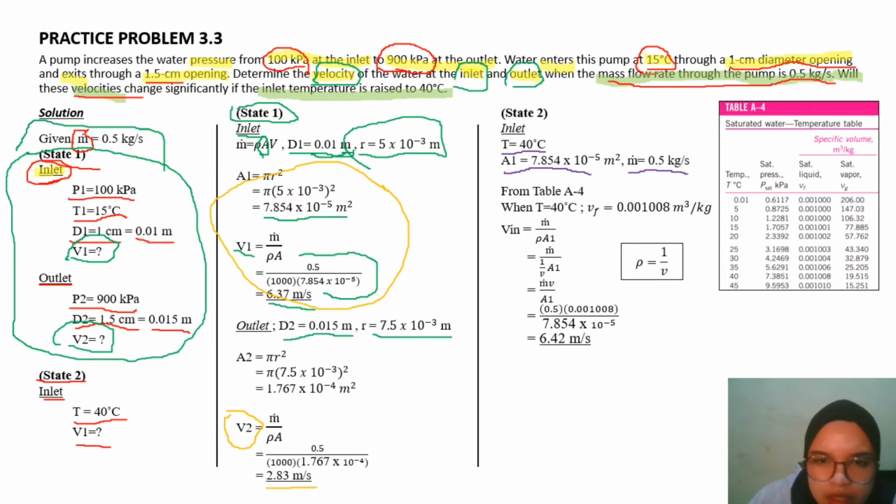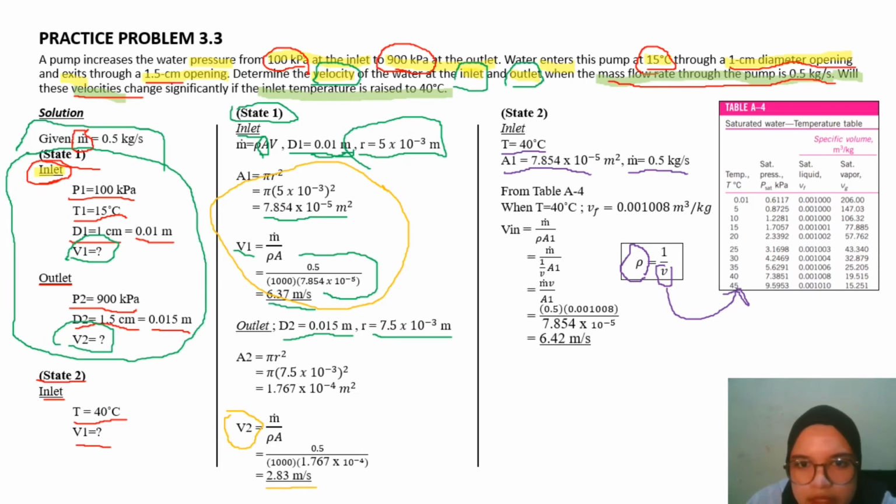And we can look here at the formula. We can use a bit different approach, which is to convert the density to 1 over specific volume, which we can find in table A4, like I stated here.